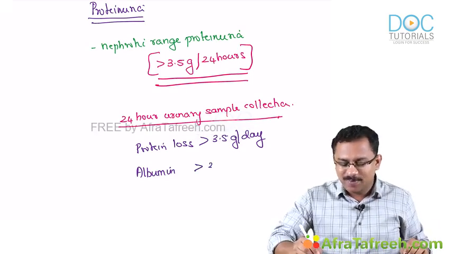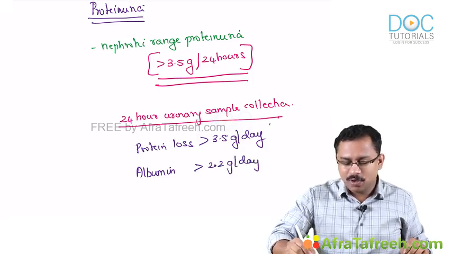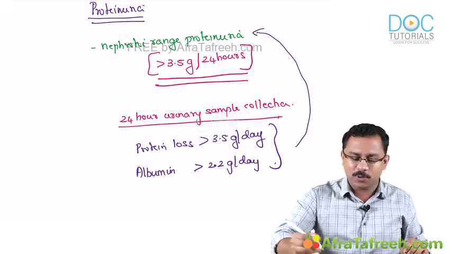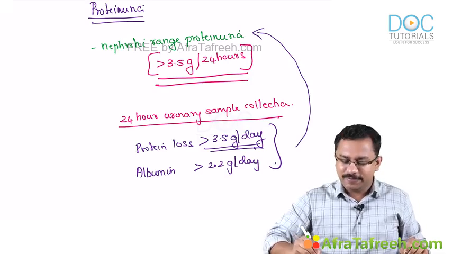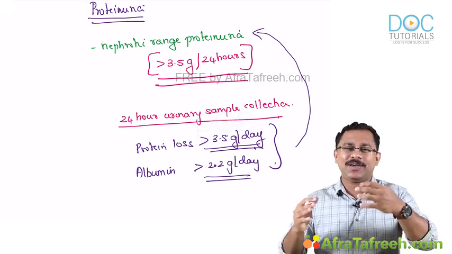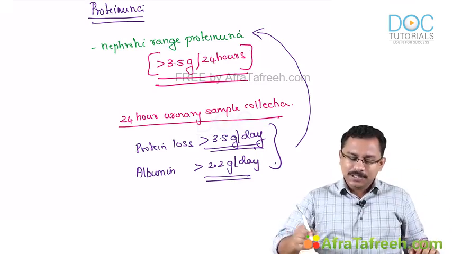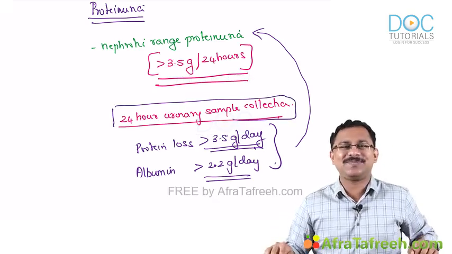If there is an albumin loss of more than 2.2 gram per day, in both these scenarios you can say that this is a nephrotic range proteinuria. So not just a protein loss of more than 3.5, even an albumin loss of more than 2.2 gram per day you can also call a nephrotic range proteinuria. So I told you, you can go for a 24-hour urinary sample collection.